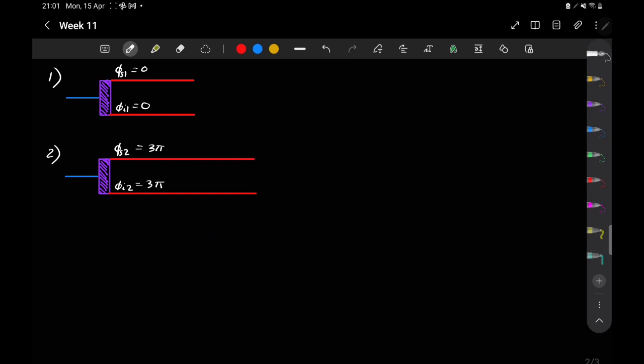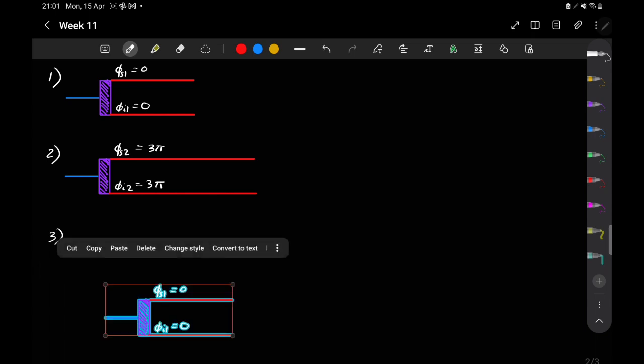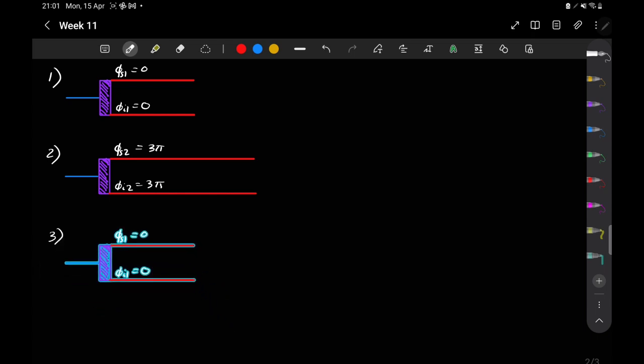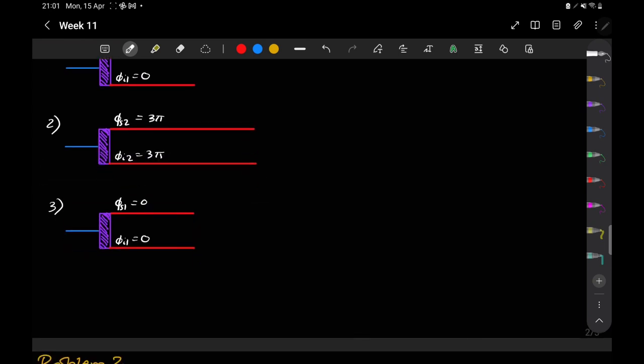Then path 3, this is short long, short, and this one long.